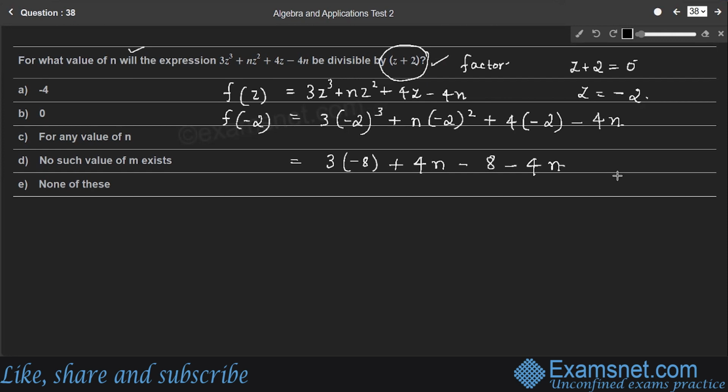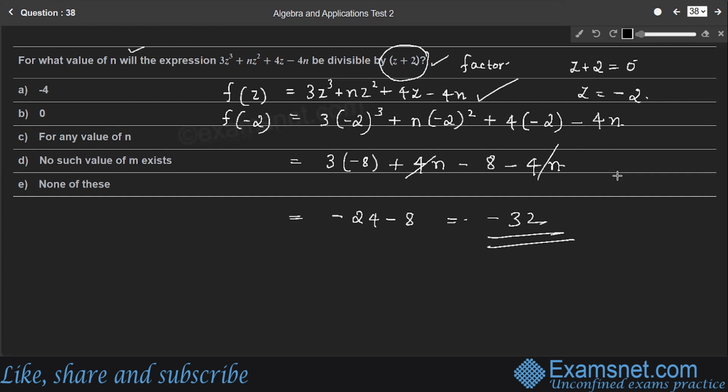So plus 4n and minus 4n will get cancelled. Therefore, 3 into minus 8 is minus 24, minus 8 gives minus 32. Therefore, the given expression is independent of n.